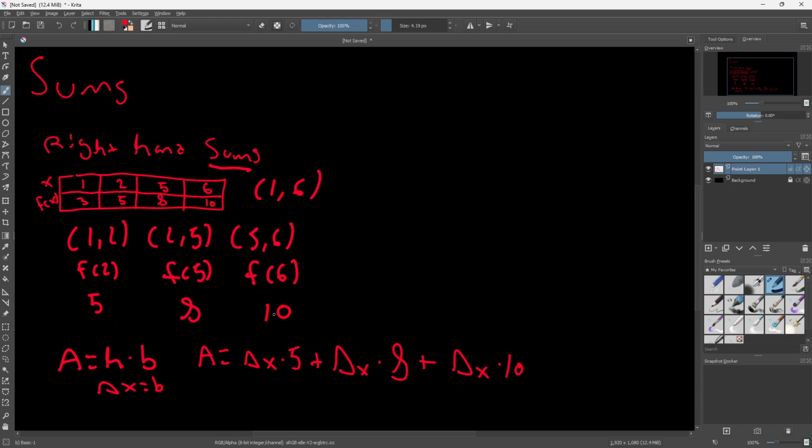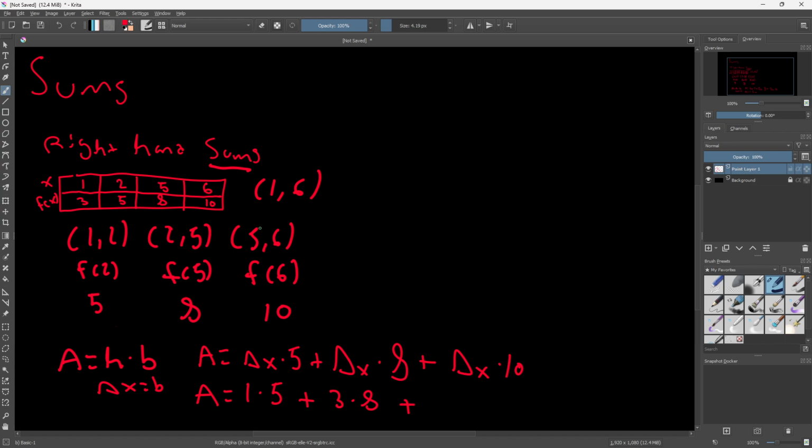So from here, we're going to want to find delta x for each subinterval. Since the height of 5 is the rectangle from the interval of 1 to 2, delta x is the movement from point 1 to 2, which is moving 1 unit to the right. So area would equal 1 times 5 for the first rectangle. For the second rectangle, you're moving from 2 to 5, so delta x would be 3 times the height of 8 for the area.